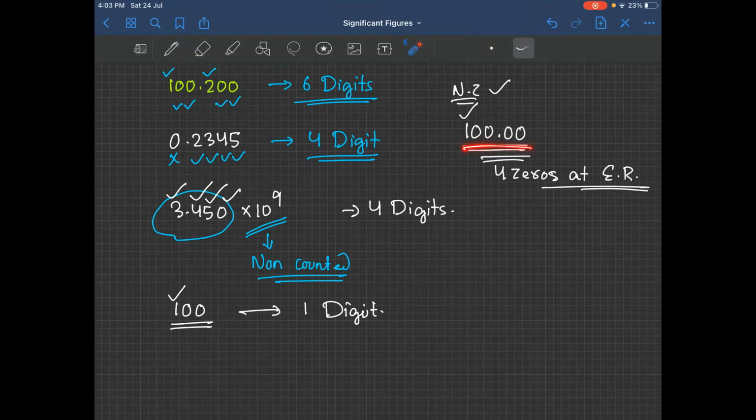Now at extreme right, if you have some zeros, we need to check a decimal, right? And yes, we have a decimal somewhere in the number. That means all 4 are significant. So if we write 100.00, then we technically have total 5 significant digits.